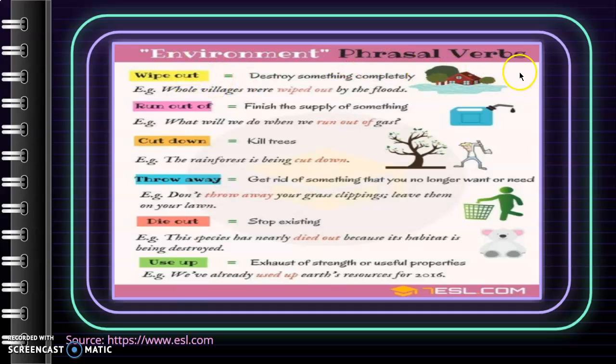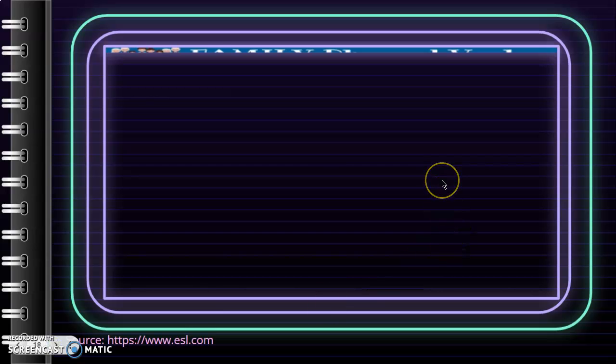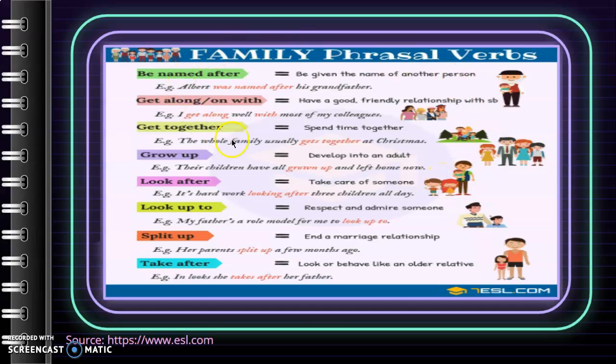Environment phrasal verbs. These are phrasal verbs related to nature. Wipe out, run out of, cut down, throw away, die out, use up. These are some family phrasal verbs.